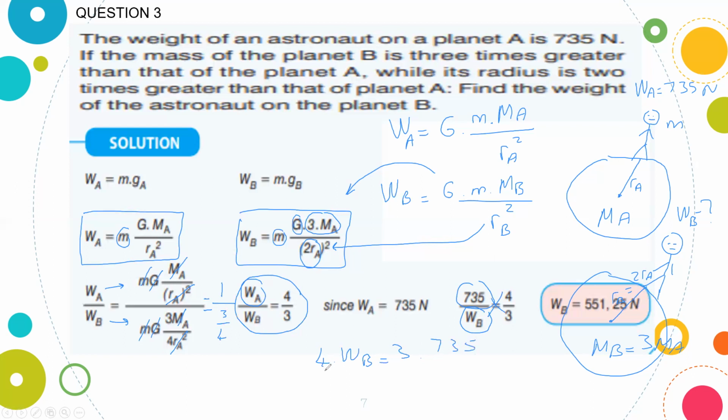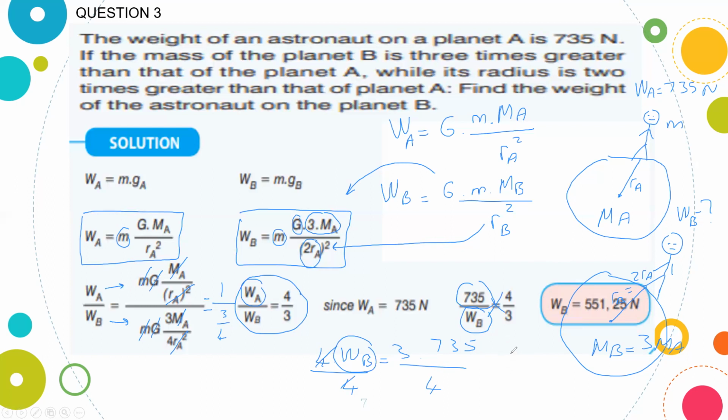When you multiply this and then divide by 4 on each side, the 4s cancel each other, and only WB is left here, what we are looking for. And when you calculate this, you get 551.25 newtons.